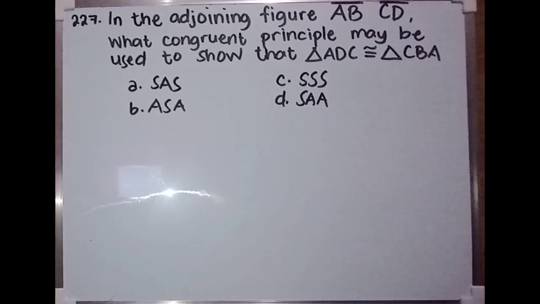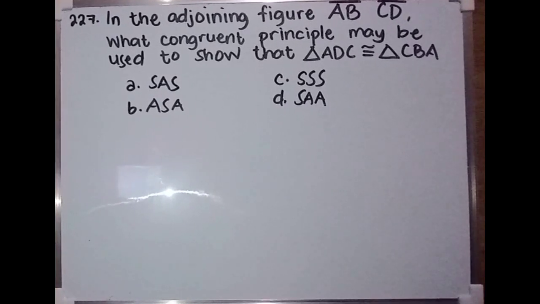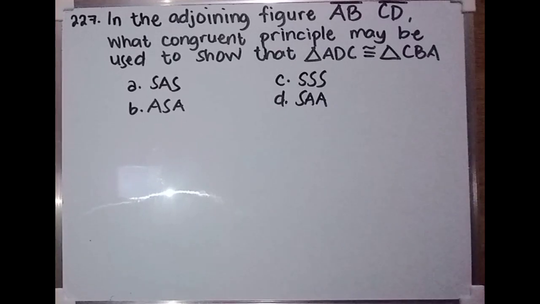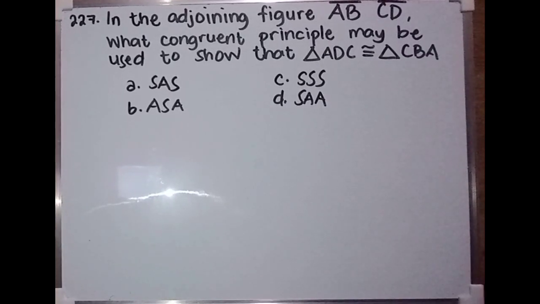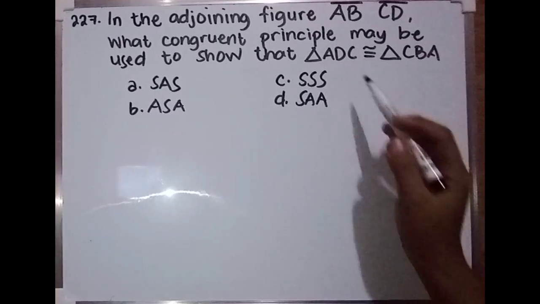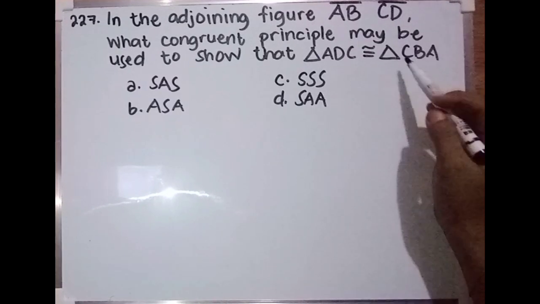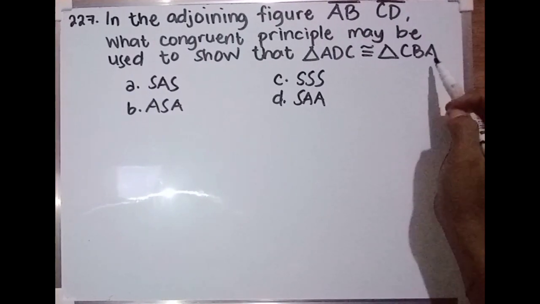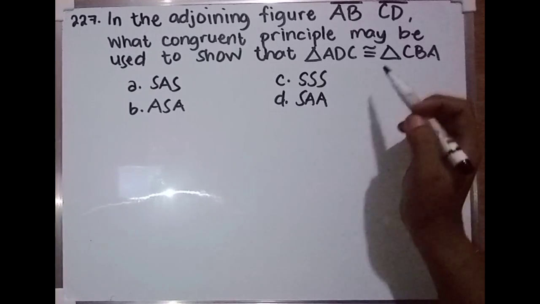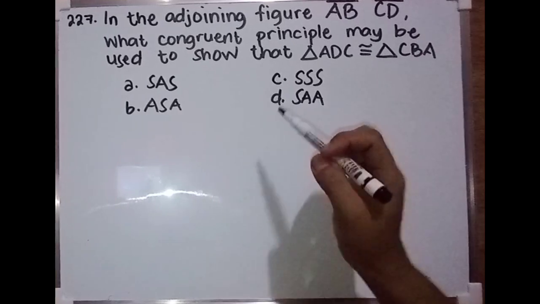So looking at the given figure, we can see that side AD is equal to side BC. Side CD is equal to side BA. Angle ADC is equal to angle CBA. Angle ADC and angle CBA, they are vertical angles.